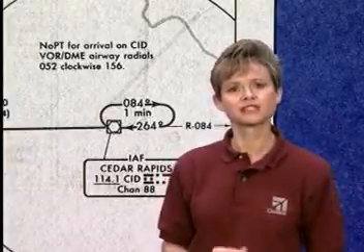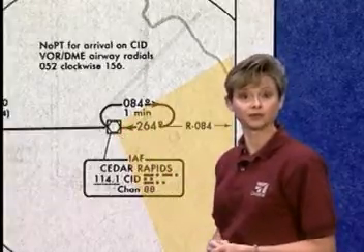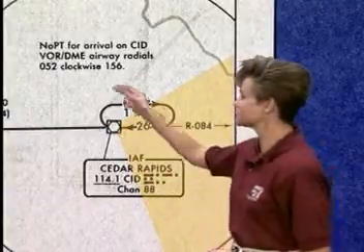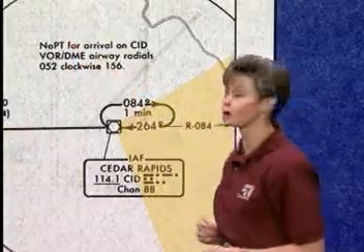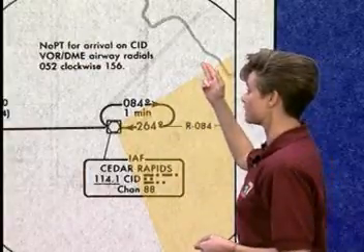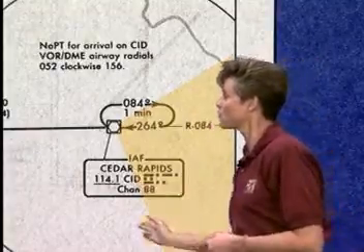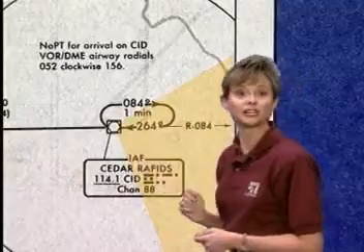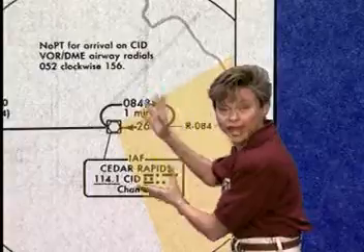Now, there is an arrival sector east of this VOR where you don't have to make the holding pattern course reversal. The note you see here says no PT, no procedure turn for arrivals to the Cedar Rapids VOR, starting at the 052 radial and continuing clockwise on around to the 156 radial. When you're inbound from anywhere in that sector, basically from the east, you're lined up well enough to shoot the approach without using the holding pattern to get lined up.